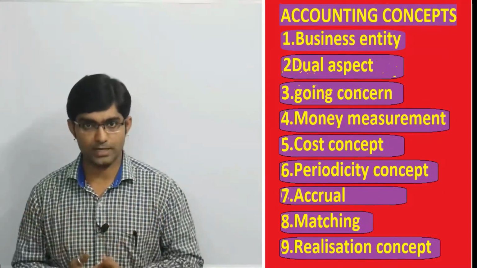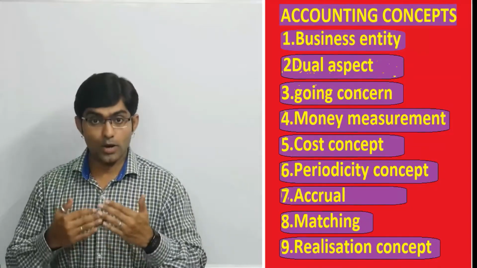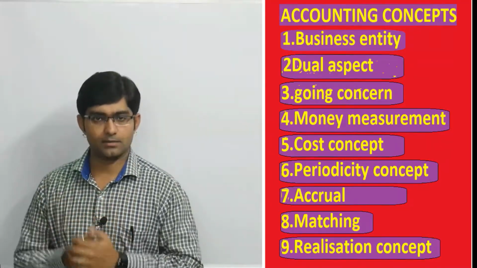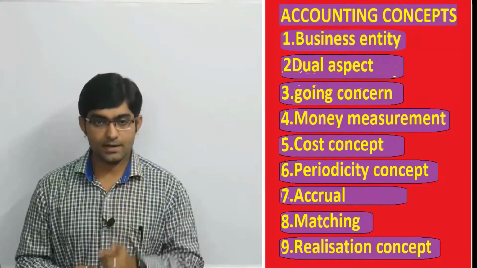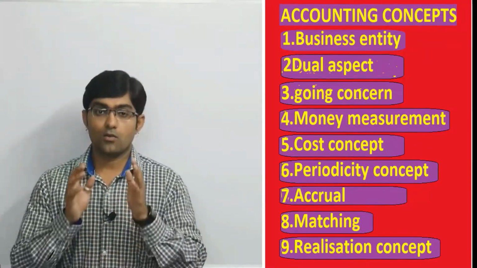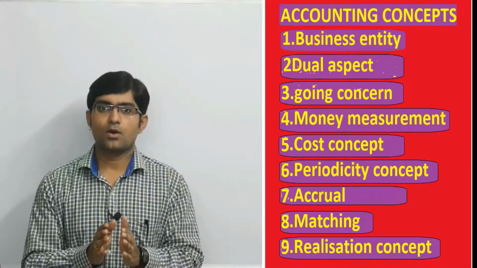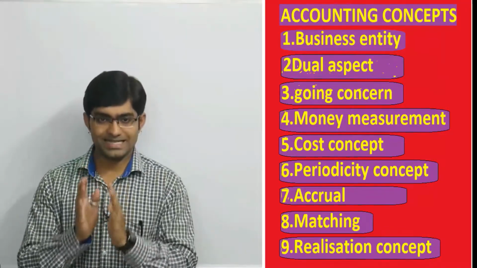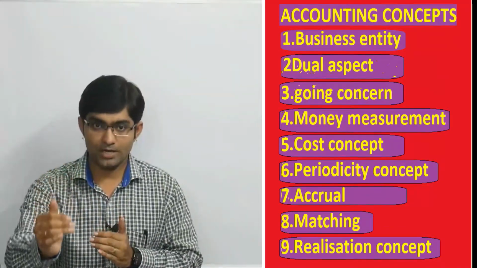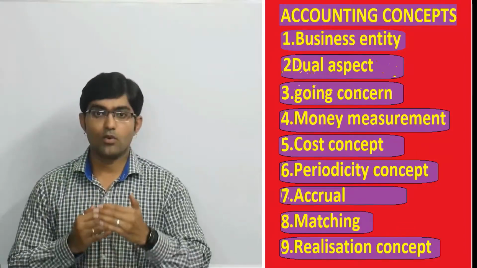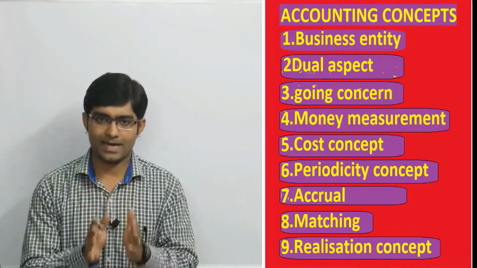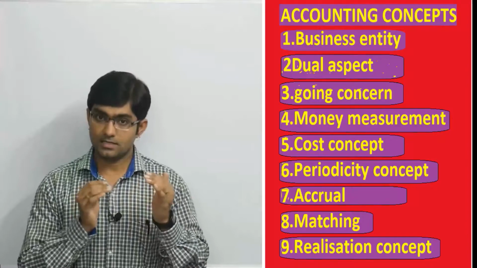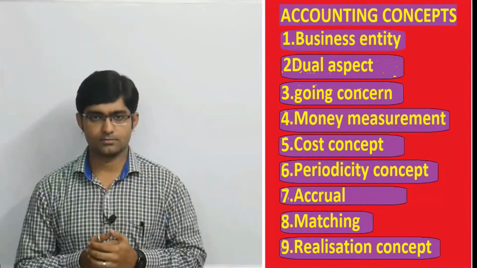It is not possible here. Here we prepare accounts in a different manner. So generally and normally, while preparing accounts, we consider our business is going to continue in future. That's why we prepare accounts in a normal manner. Okay, this is going concern concept.